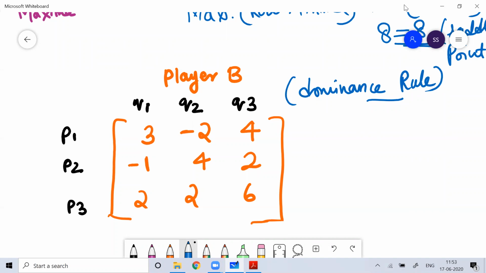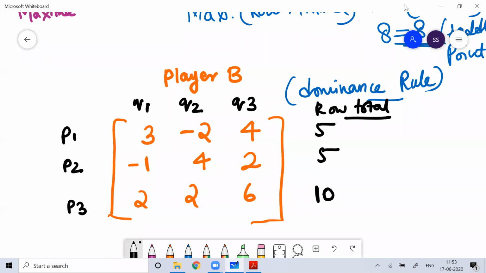What to do in the dominance rule? You find the row total. If I do the row total, this is 5, this is 5, and this is 10. So find the row total first. I'm going to teach you the dominance rule now. Very easy.